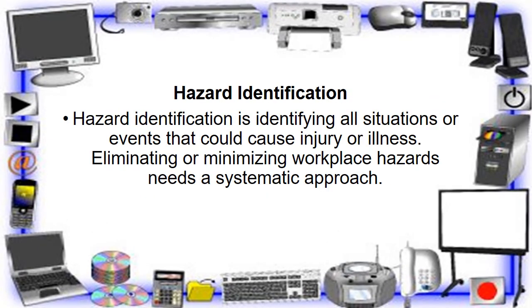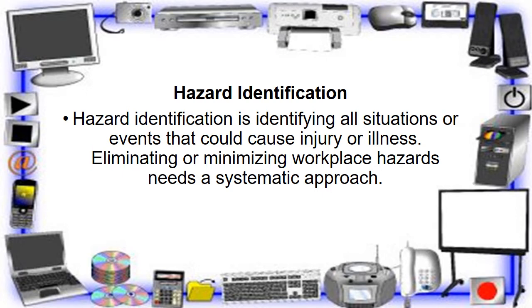Now let's talk about hazard identification. So what is hazard identification? This is identifying all situations or events that could cause injury or illness. Meaning, for example, in the computer laboratory, we need to identify all situations or events that may cause an injury or illness to each of us.